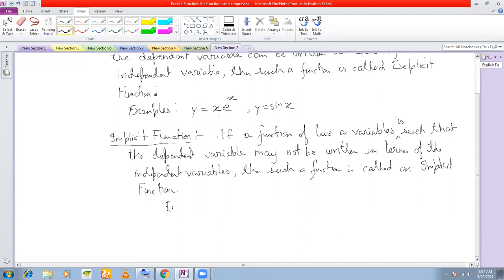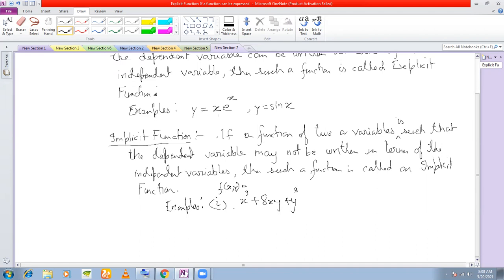Examples of implicit functions. Suppose I give you a function like x cube plus 8xy plus y cube. f(x, y) is equal to a function of two variables written in this manner.